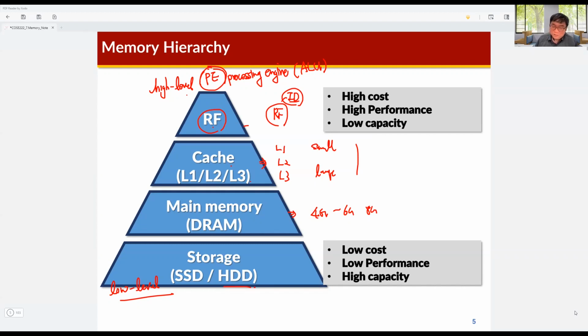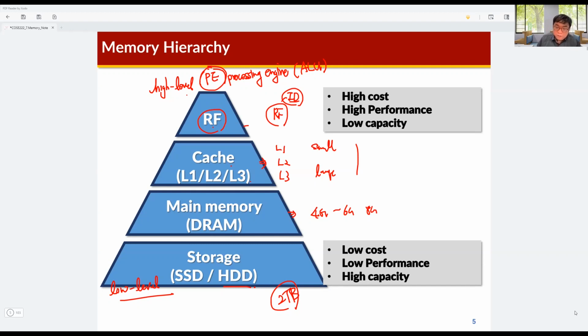If you see the specification of the hard disk drive, you can find that usually we can use 2 terabytes of HDD in our computer systems. It's very, very large, but so slow compared to the other types of memories.